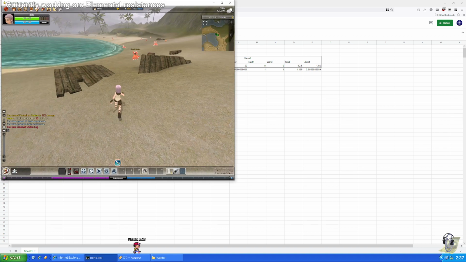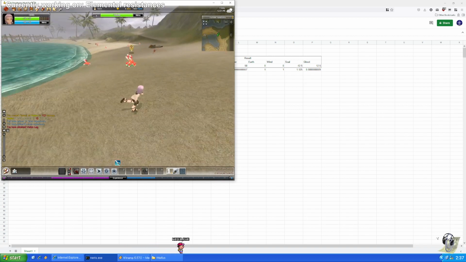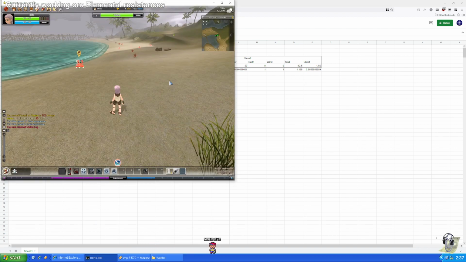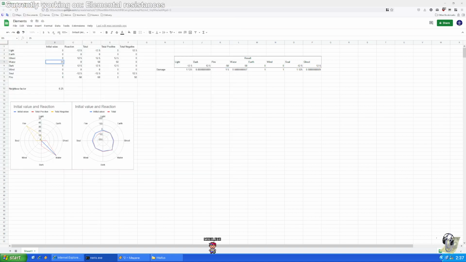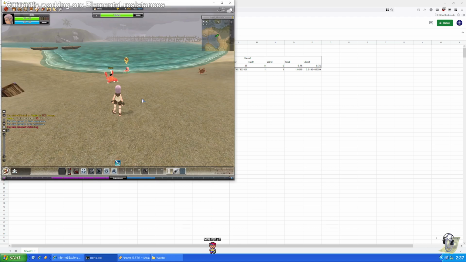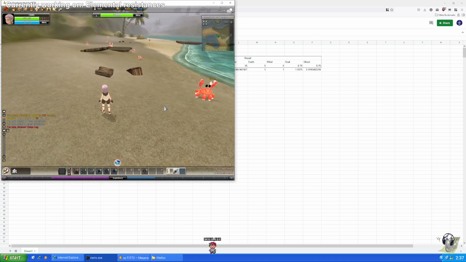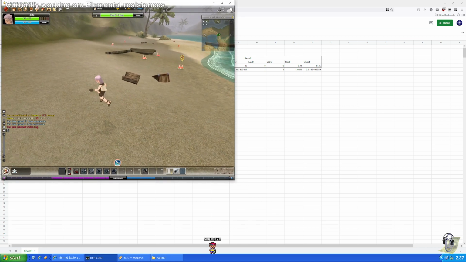So now fire would deal 1.5 times the damage to these ones and 1.35 on the small ones.